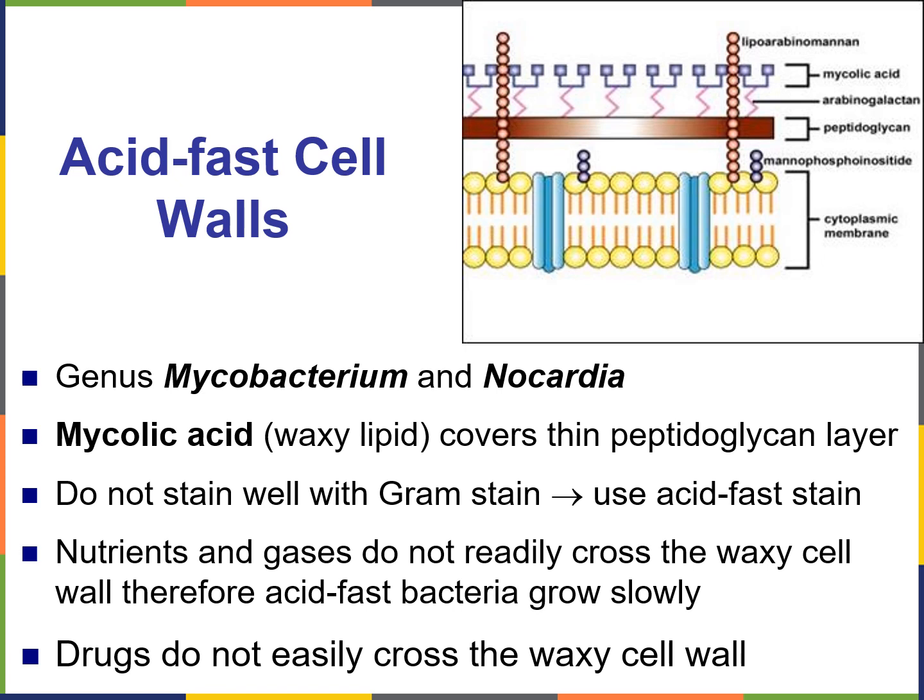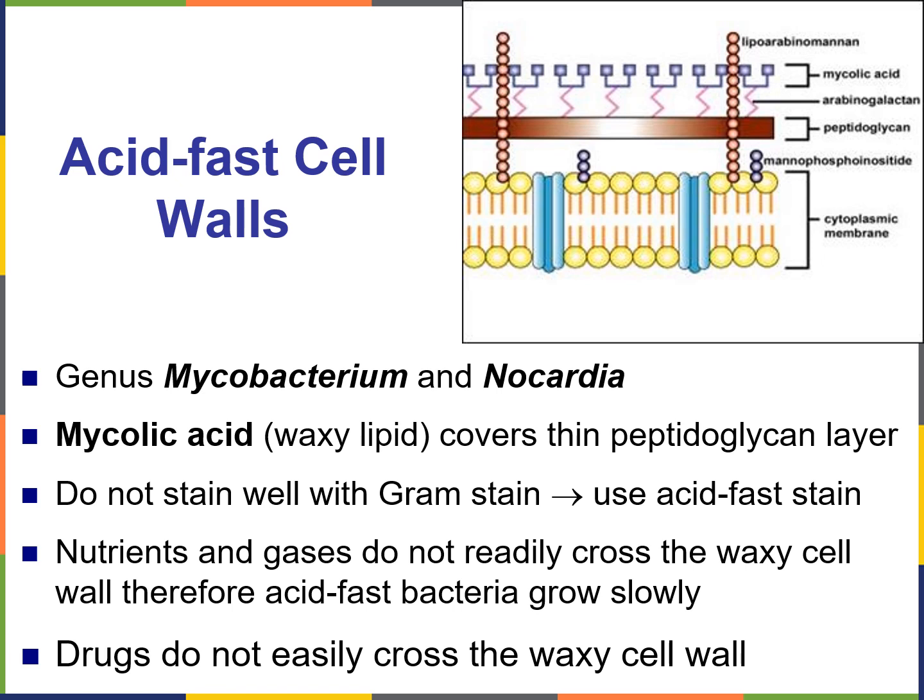So keep in mind that due to the mycolic acid, and you can see that layer of mycolic acid in the picture, represented by those purple squares, the mycolic acid is a pretty sturdy, solid substance that does not allow things like nutrients to pass very easily through that layer.